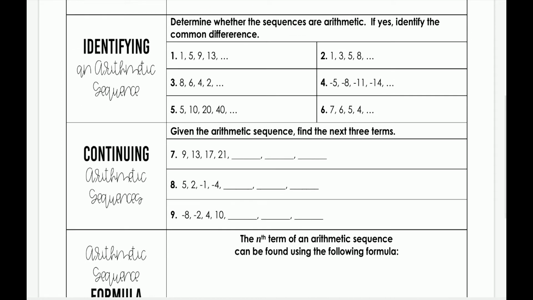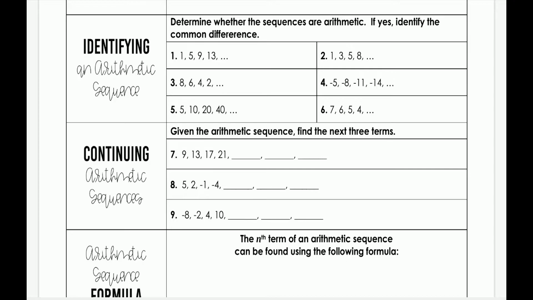Let's move on to some examples. With this, we are asked to determine whether the sequences are arithmetic, and if yes, we have to determine the common difference. So let's take a look at number 1. We have a sequence of 1, 5, 9, 13. We have to determine whether or not going from one number to the next is a constant.